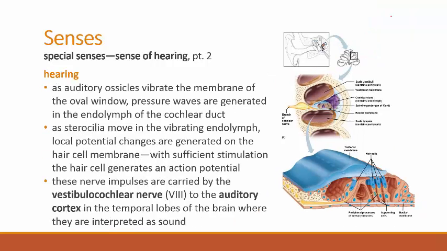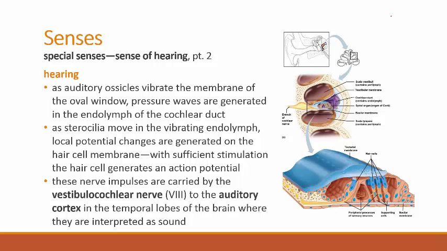And so as the auditory ossicles are vibrating back and forth, pumping the oval window, pressure waves are generated in the endolymph, and the stereocilia, those projections off of the auditory receptors, are deflected back and forth.